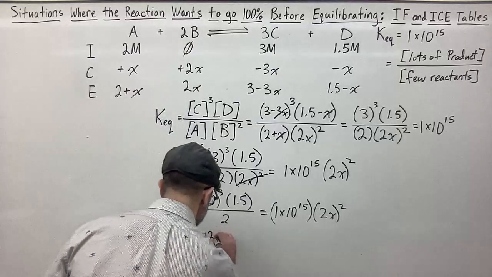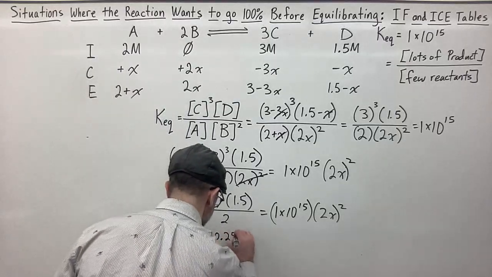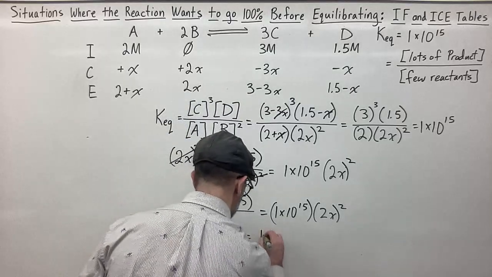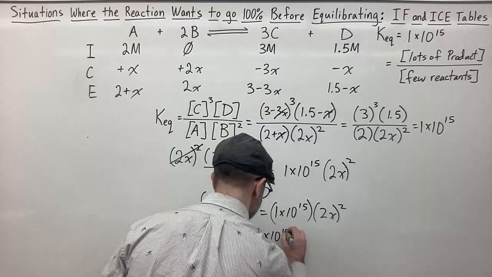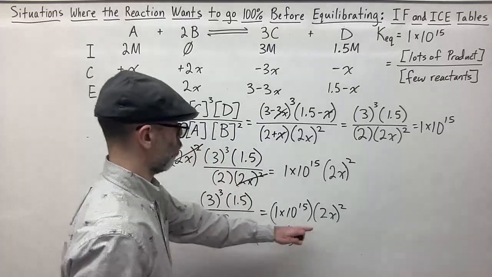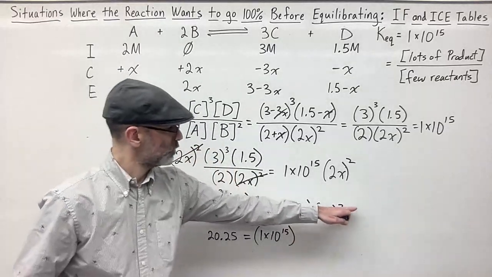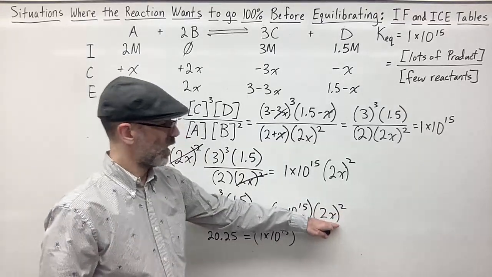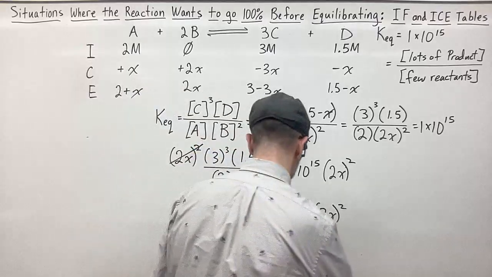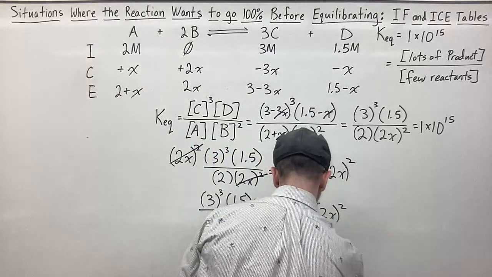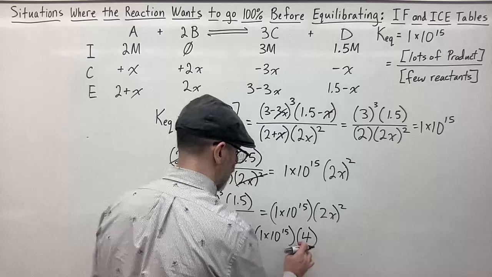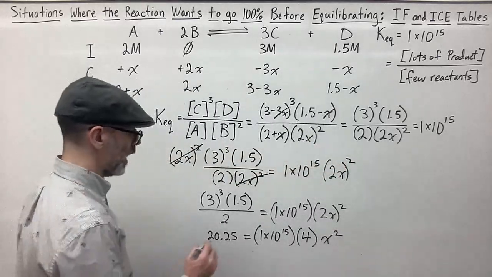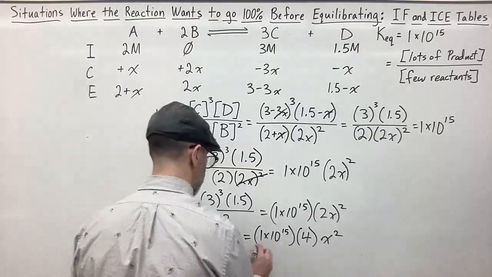So 20.25 is then equal to 1 times 10 to the 15. And then, of course, 2 squared is 4, and x squared is x squared, so we bring that out. So we have 4 times x squared. Now we can divide both sides by this.